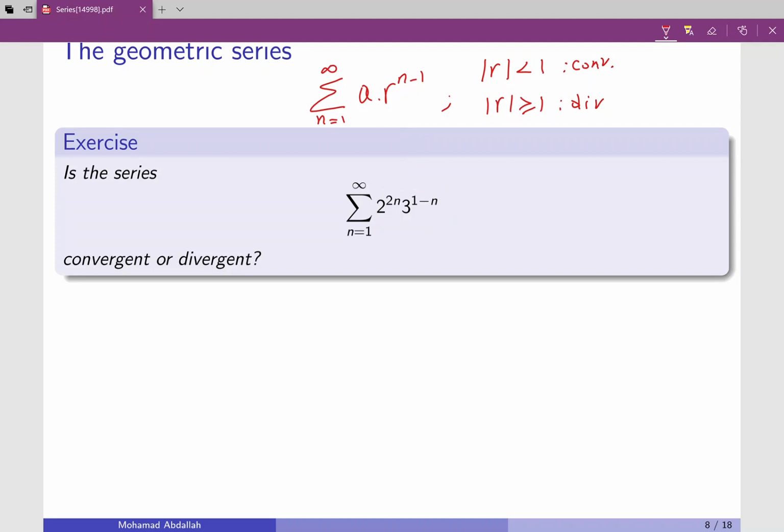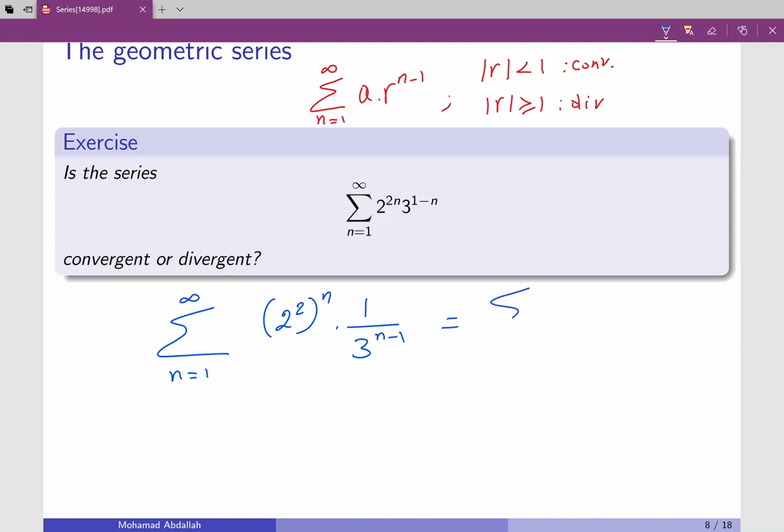Okay, so I start by doing the following. This is the sum, n equal 1 to infinity, I don't need to change anything here. This can be written as 2 squared to the power n, and this can be written as 1 over 3 to the power n minus 1.